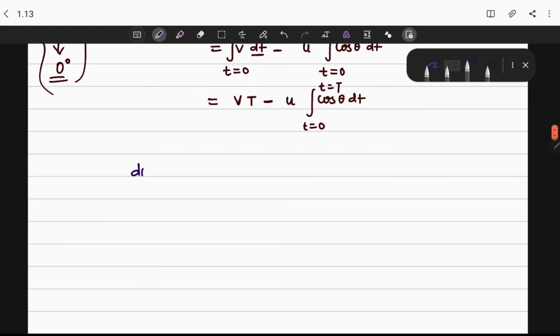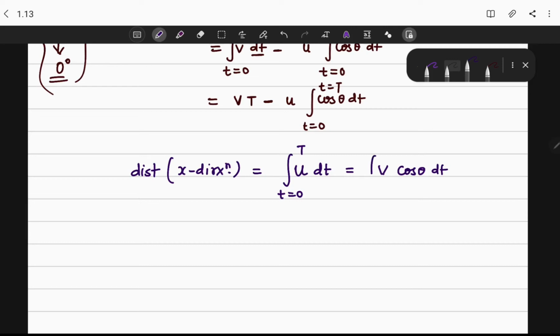So the distance in the x direction, for B we can write u times integral of dt from t is equal to 0 to capital T, is equal to v times integral of cos theta dt from t is equal to 0 to capital T. This is the distance traveled by B and this is the distance traveled by A. This is nothing but instantaneous velocity into dt, which gives the distance.